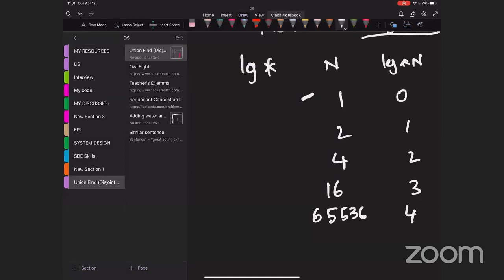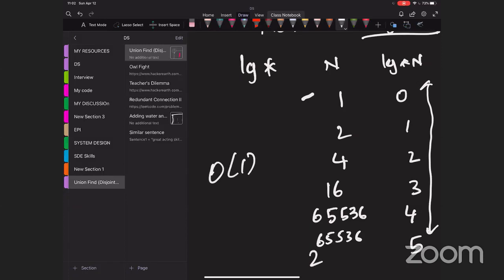And to go from 4 to 5, it takes 2 raised to 65,536. So for all practical purposes, we can say its complexity is 5, the depth of the tree is no more than 5. That's why we say it's close to O of 1 with quick union with path compression.